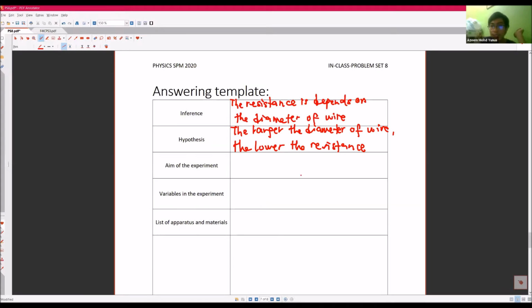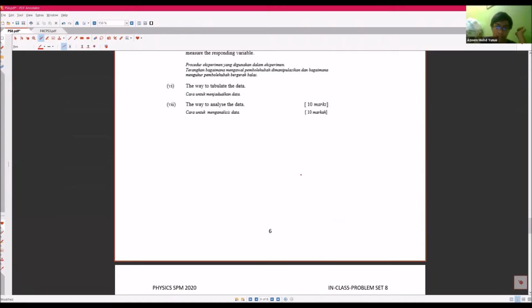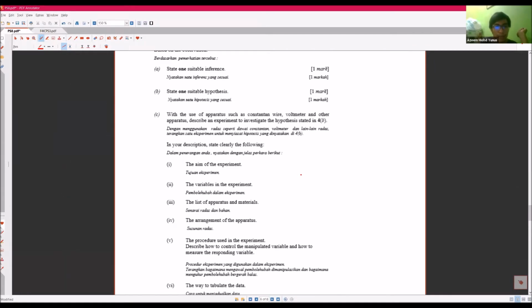Okay, before we answer the aim of the experiment, let's see what the question gives us on the apparatus. With the use of apparatus such as constantan wire, voltmeter, and other apparatus, so at least functional. Describe an experiment to investigate the hypothesis.